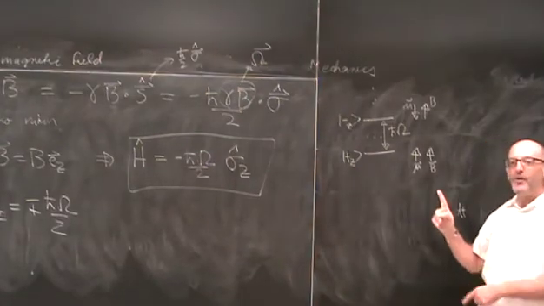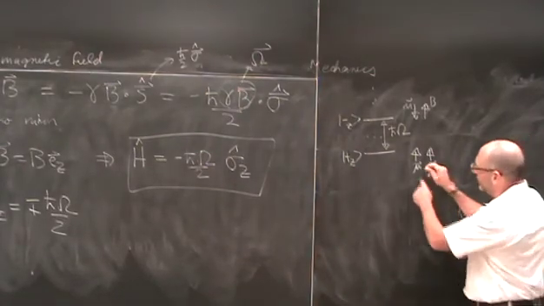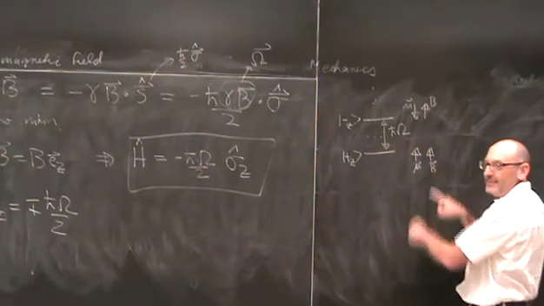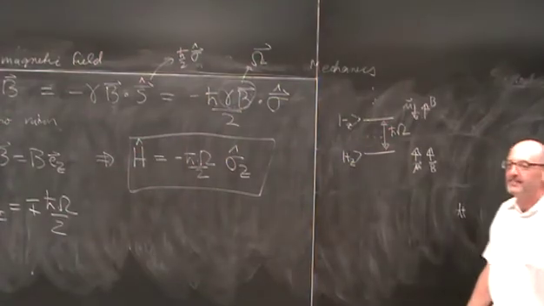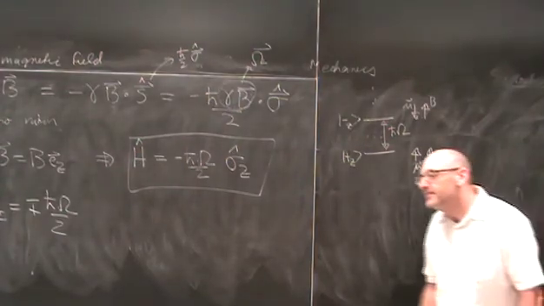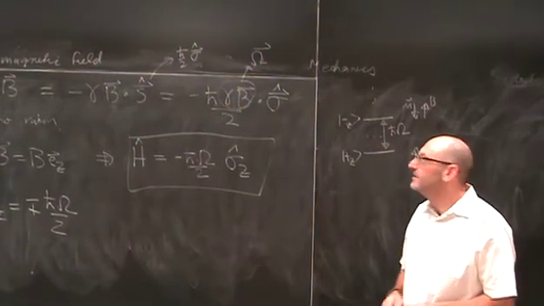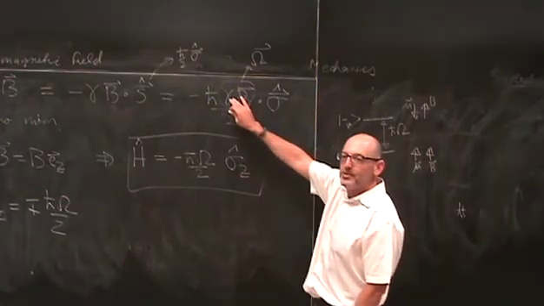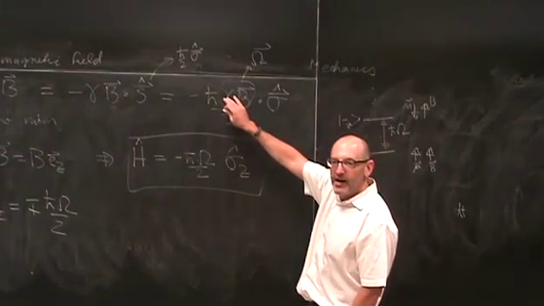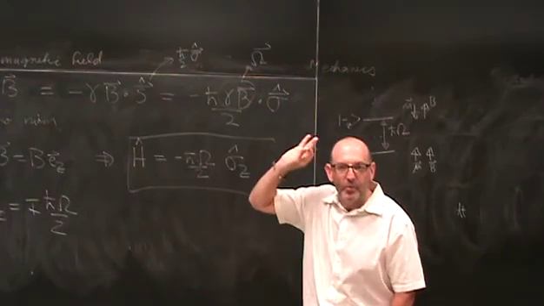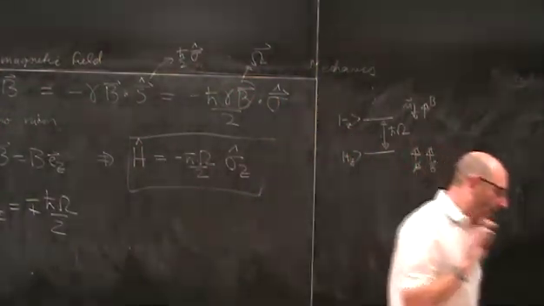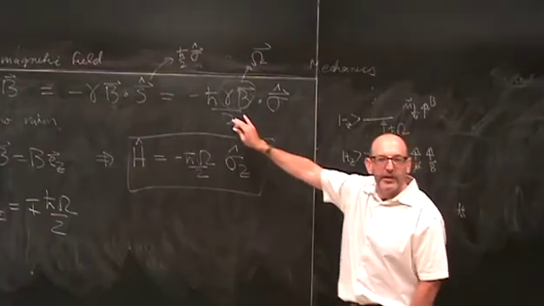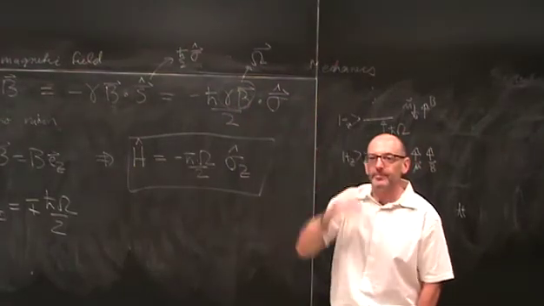Because spin down would correspond to, see in this case, the spin and the magnetic moment are in the same direction. If you have spin 3 halves, then you need to know what gamma is, right? Oh, if you have higher spins, I mean, it depends. That's a much more complicated question. I just wanted to get across the point that we have to be careful about what this gyromagnetic ratio is when we look at real physical problems.